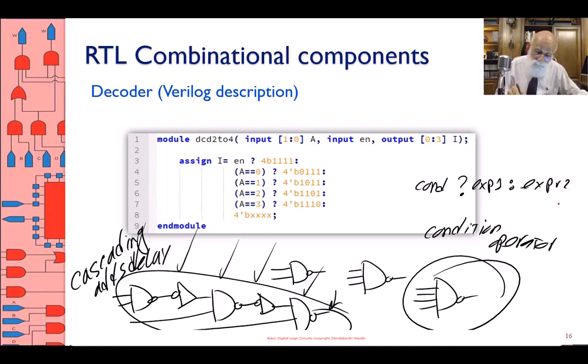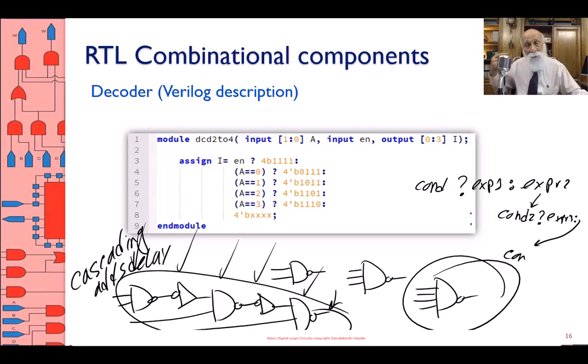But instead of expression 2, you can put another condition, condition 2, then expression 3, else, instead of putting expression 4, you can put another condition, and on and on until the very last case where you cannot put any more conditions. At one point you have to end. You cannot go on forever. The very last one has to be without any condition.